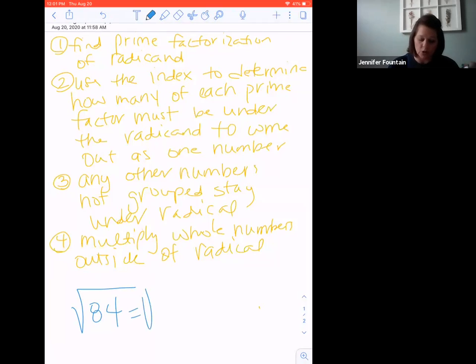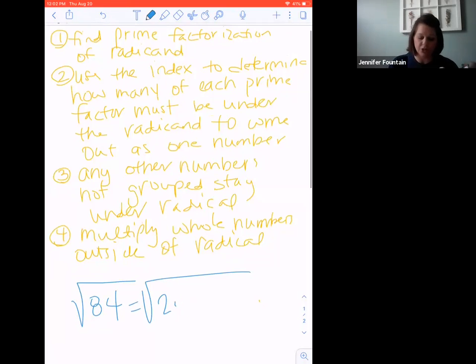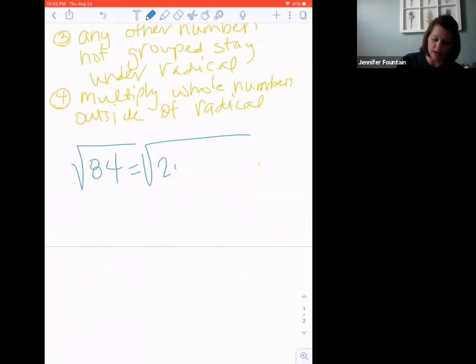I'm always going to start with my smallest prime factor. This is an even number, so I know 2. 2 will go into 84 42 times. So now I'm moving down to 42. So let me write this out, okay?